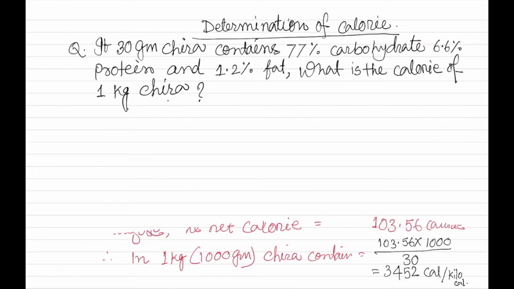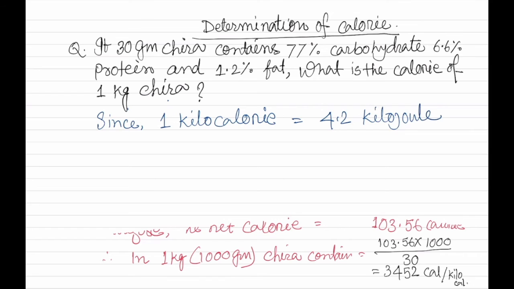Since 1 kilocalorie equals 4.2 kilojoule, therefore 3452 kilocalorie contains 3452 multiplied by 4.2 kilojoule.